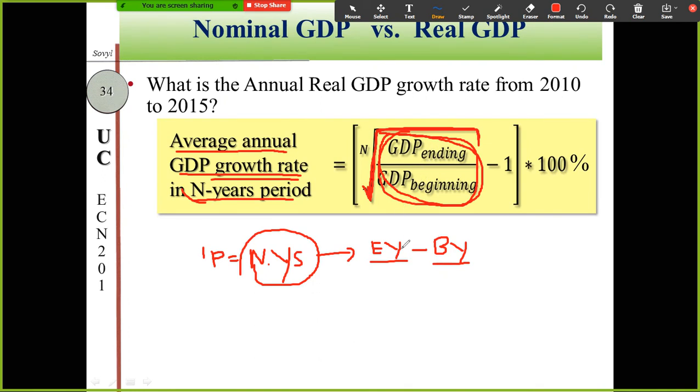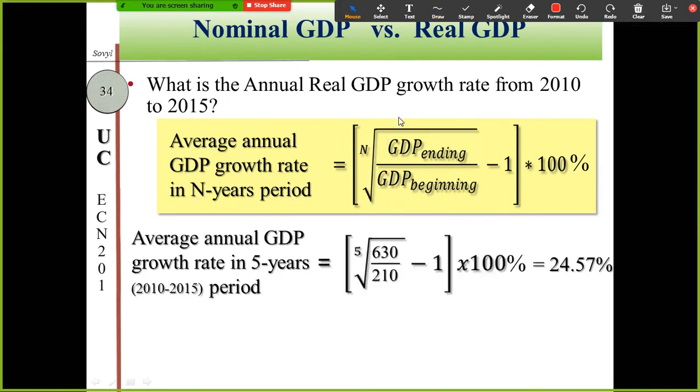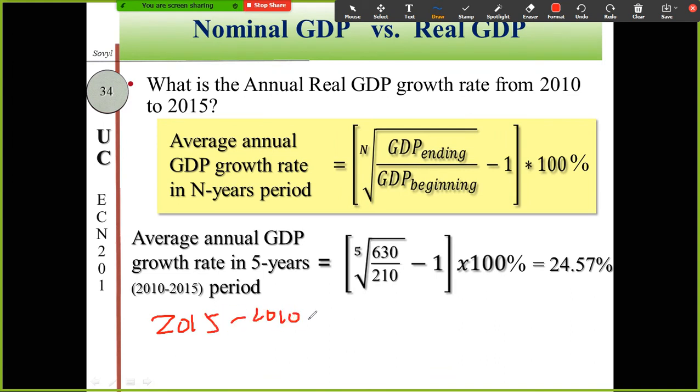Okay, how to find n? You know ending, you know beginning. That's why take ending minus beginning, you can find n. Okay, look at our example. Average annual GDP growth rate in 5 years from 2010 to 2015. So take 2015 minus 2010.